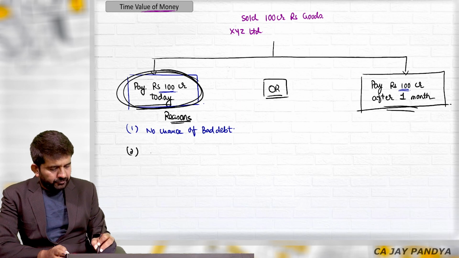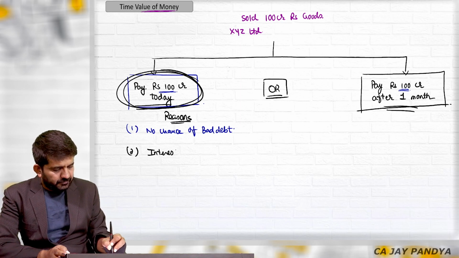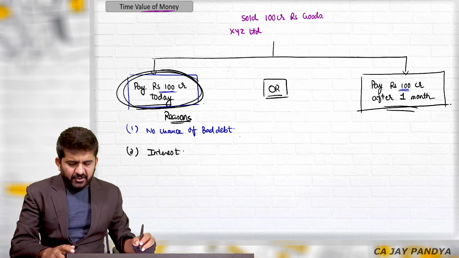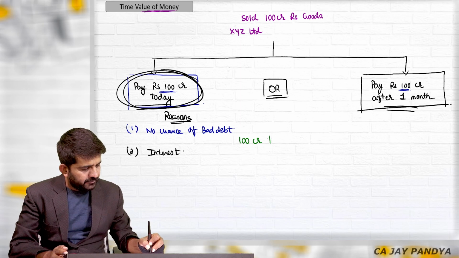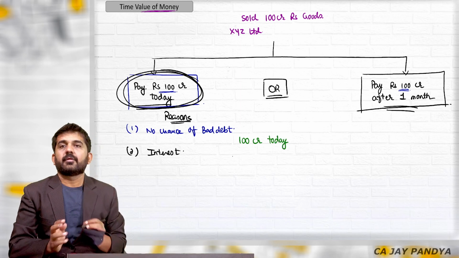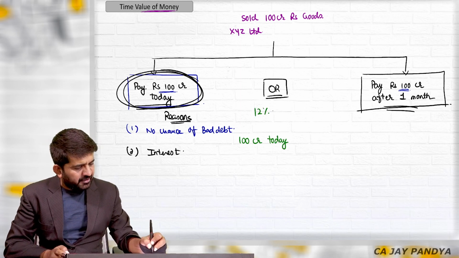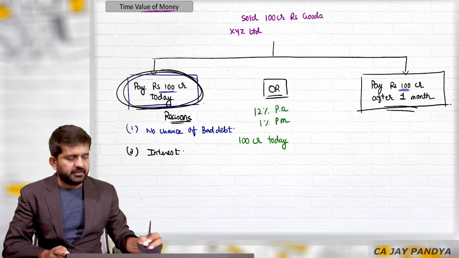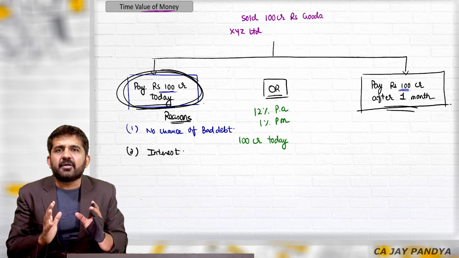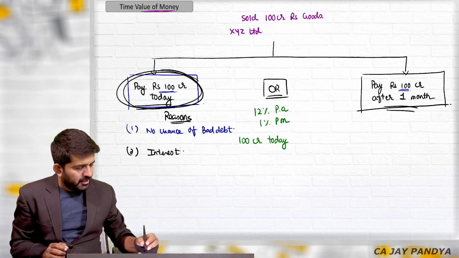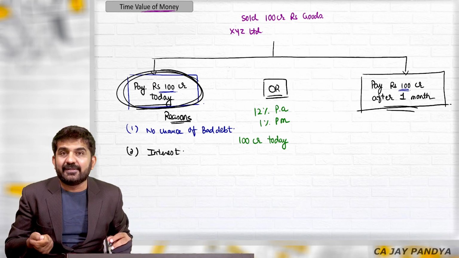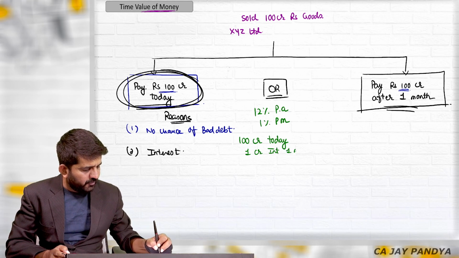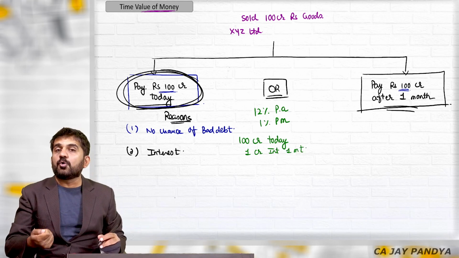Number 2, interest. Try to understand, if you are getting 100 crore rupees today, and if the rate of interest in the market is 12% per annum, that is 1% per month, you are having 100 crore in your hand today. So you can invest this money and get 1 crore rupees interest for 1 month. 100 crore into 1% is 1 crore.